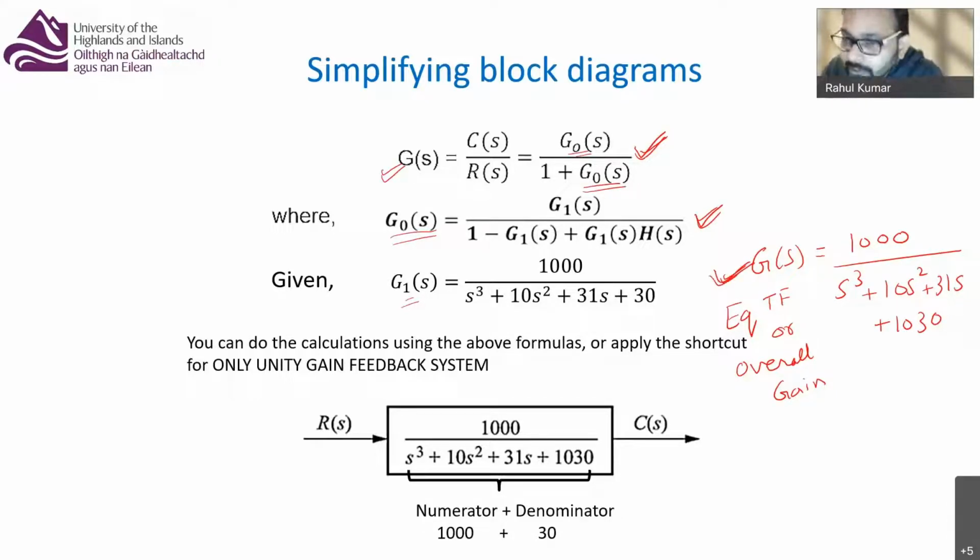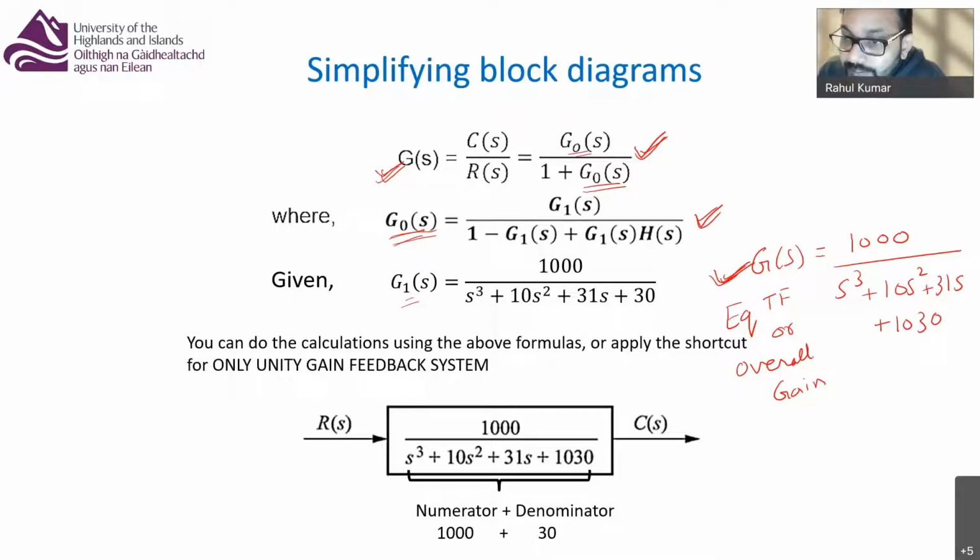Now I will give you a shortcut or a verification method. Let's say you are asked to calculate the overall or equivalent gain. You follow the method and finally you got some answer.